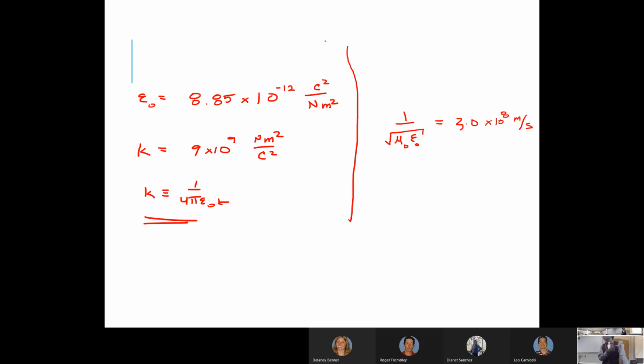You guys are nodding. What is that? That's the speed of light. It turns out that this material property of empty space, the permittivity of free space, is directly tied to the speed of light through vacuum.